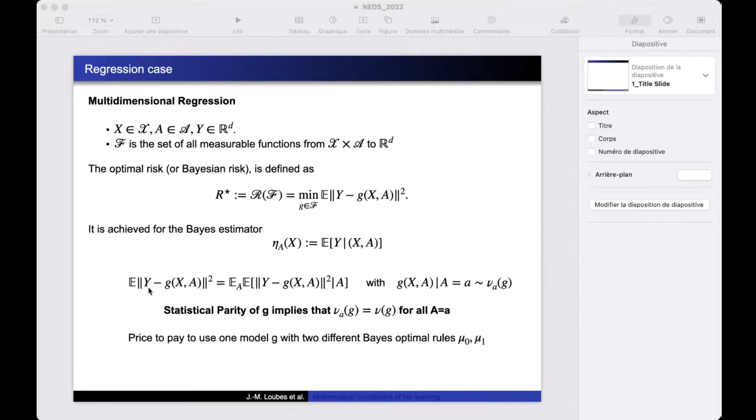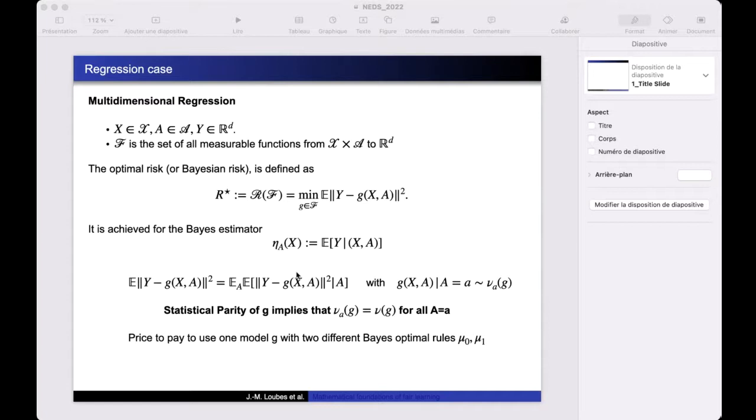So if you look at this expression, then you see that in fact I'm looking at the expectation of a variable which has distribution nu a and a variable which has the distribution of the Bayes estimate. So this quantity is the expectation between two distributions, the one given by the Bayes estimator and the other one.